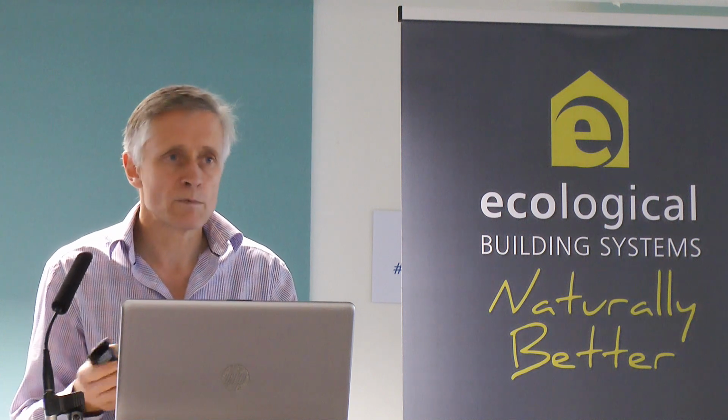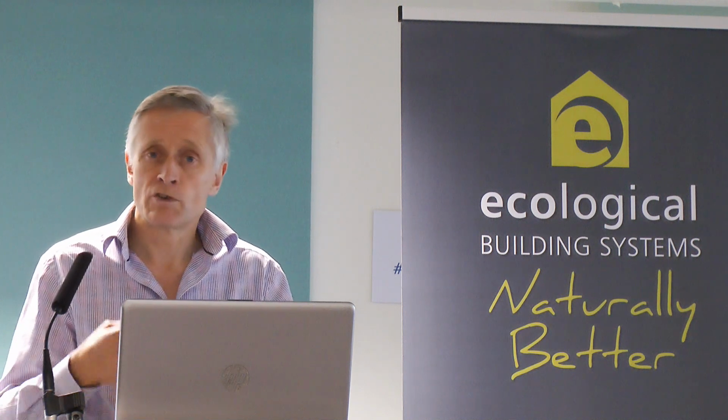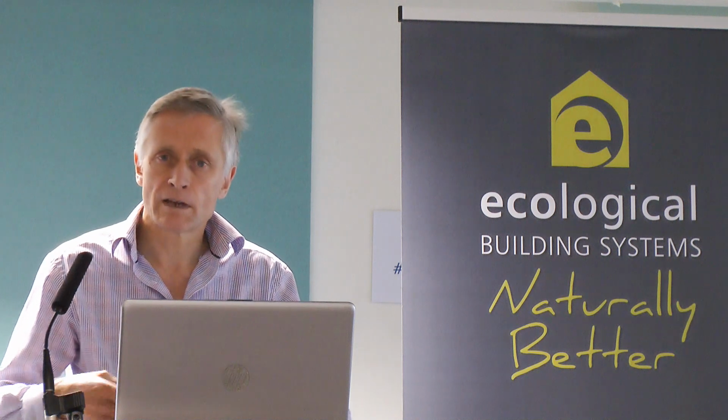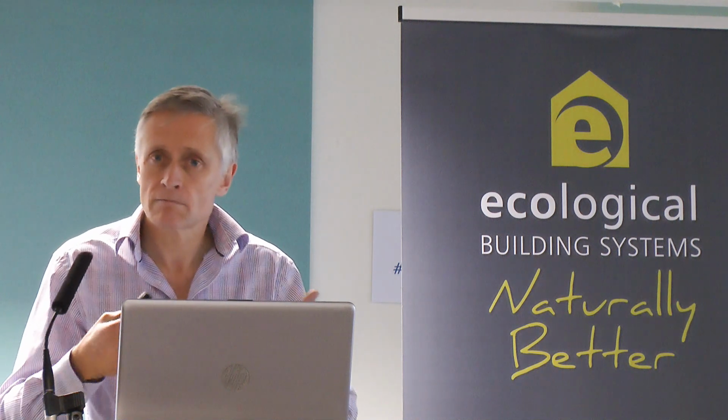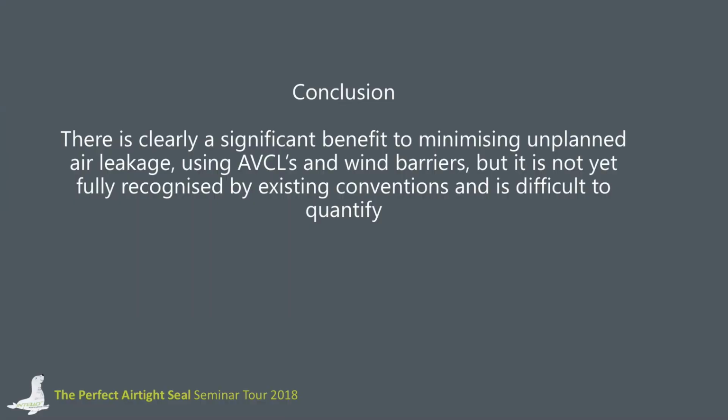Timbers shrink, gaps open up, and that is an opportunity for convective air movement to draw heat through the construction. These mechanisms are not really fully recognised by current assessment methodologies, and this is probably one of the things that is contributing to the performance gap, where the U value is this, but in reality, it can often be noticeably worse than that.